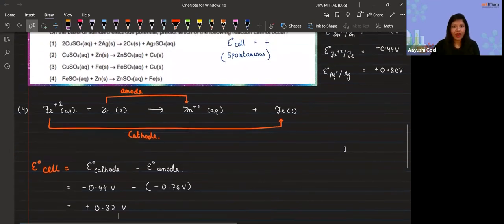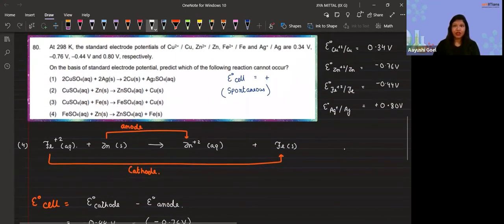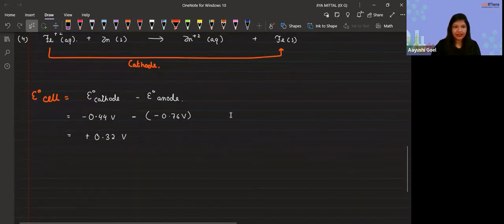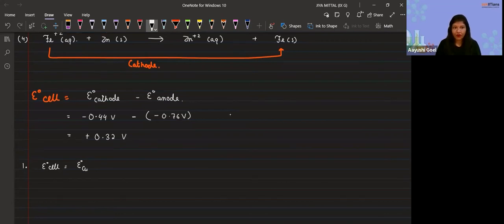First, we have to detect what is oxidation and reduction. Here copper is reducing, so it is the cathode, and silver is oxidizing, so it is the anode. Now let's see the first one. E naught cell is E naught for the cathode, copper plus 2 to copper, minus E naught of Ag plus to Ag.